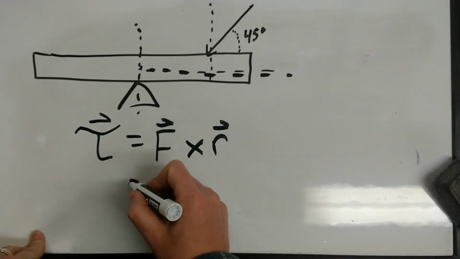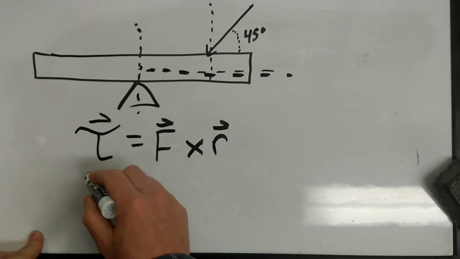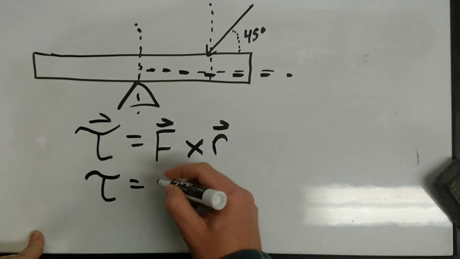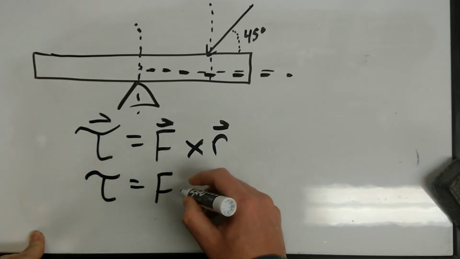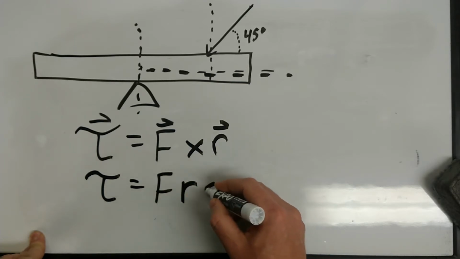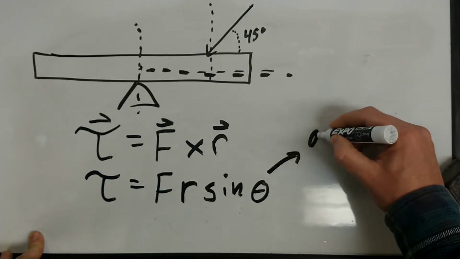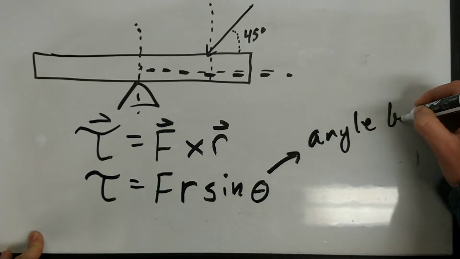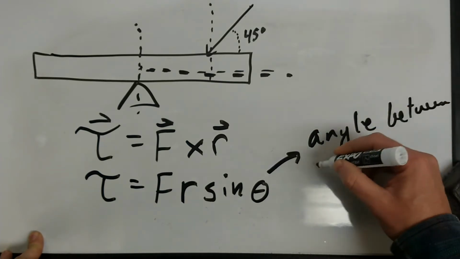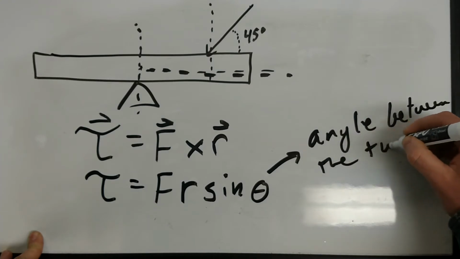Another way to write this, if you want the magnitude of the torque, so we'll drop the vector signs, is torque equals force times radius times the sine of theta, where theta is the angle between the two vectors.